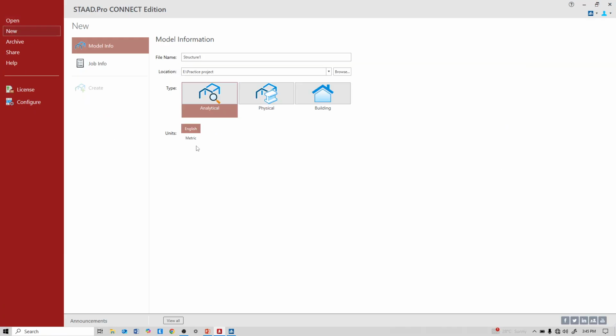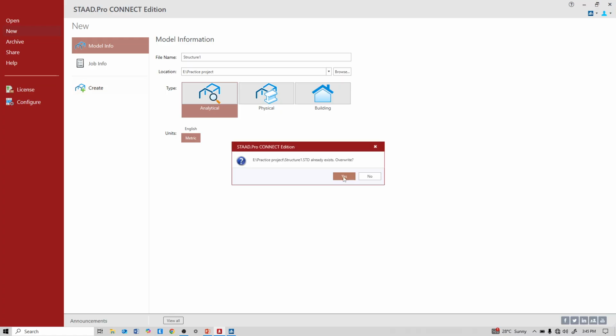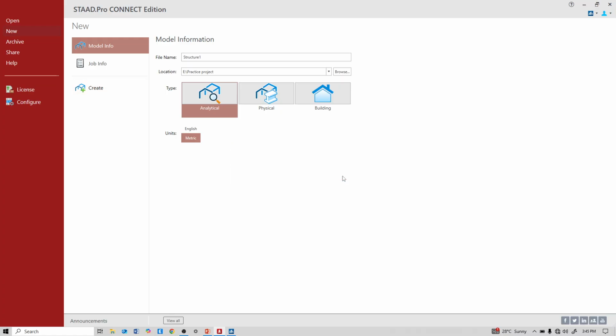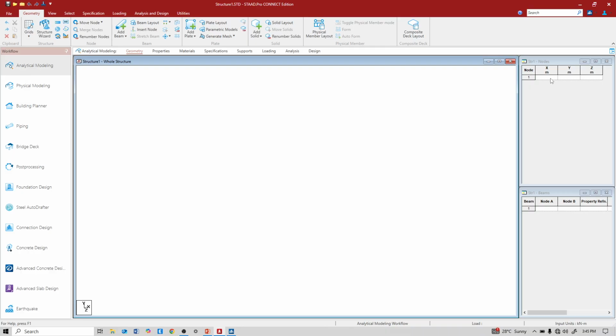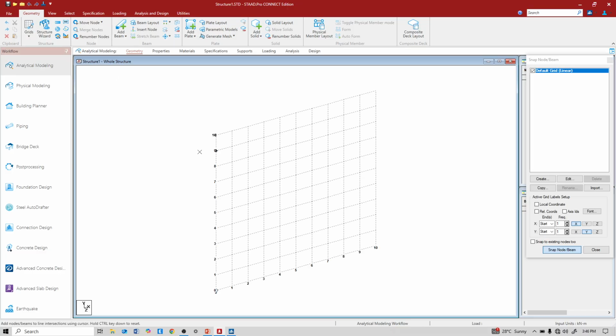New, unit is metric, create. We will do modeling node wise. There is one more option, grid wise also. This is the beam grid option here. See, we will do grid wise also.